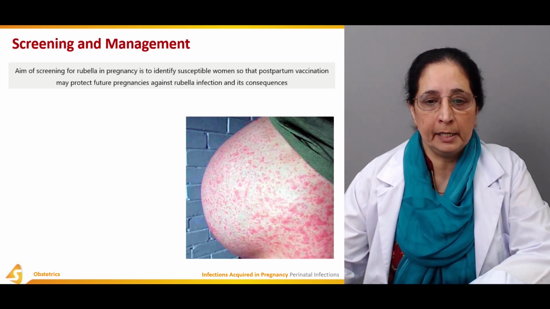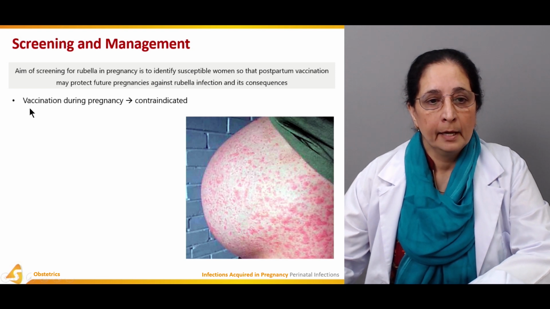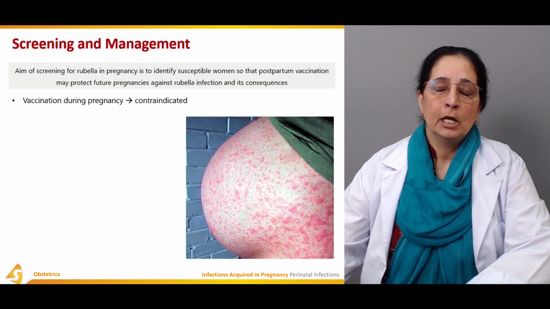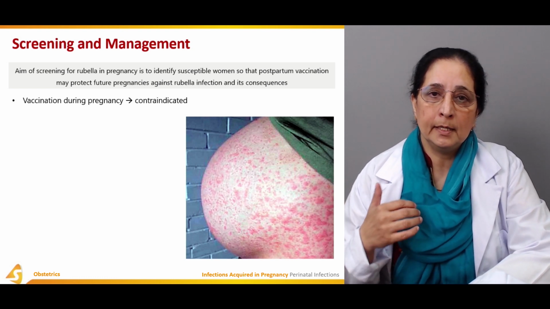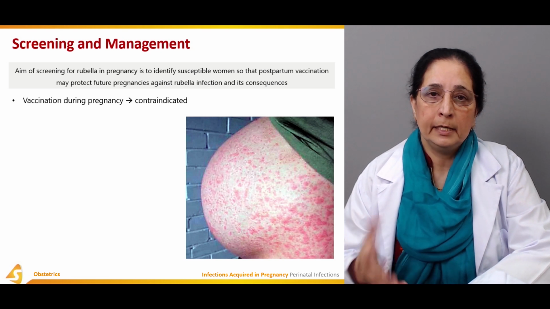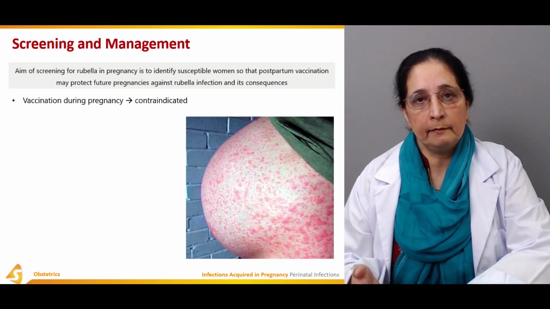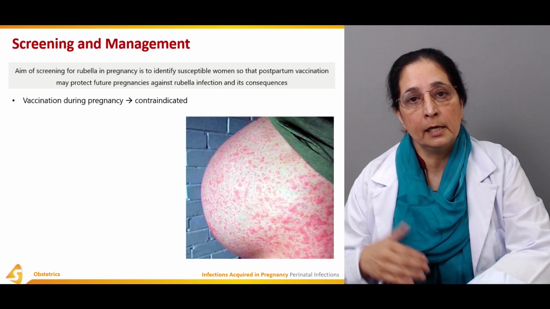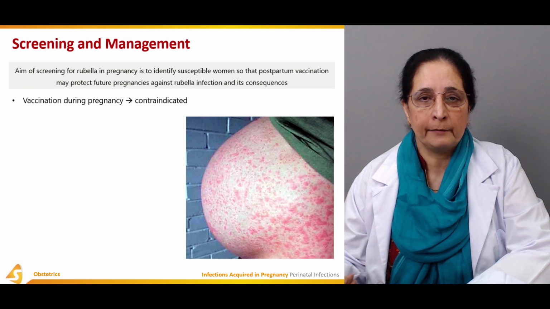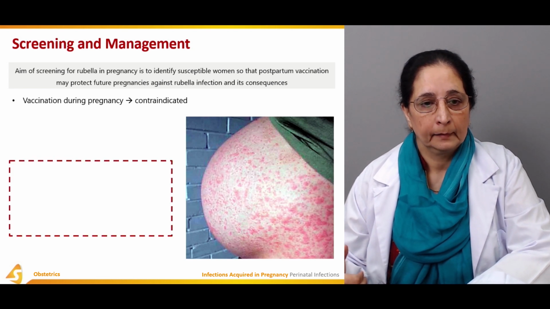So screening is very important. Vaccination is contraindicated during pregnancy. So even if rubella is present and the mother is diagnosed, the vaccination cannot be given because it's contraindicated. They have to wait until after the delivery to vaccinate the mother.